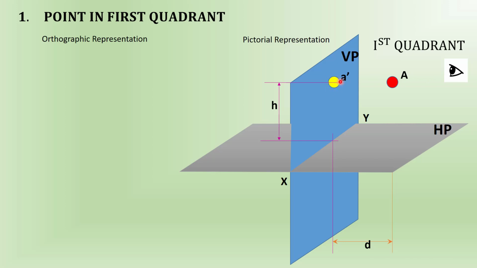Now this is known as the elevation of this point, the front view or the elevation of this point capital A. The elevation is usually denoted by small letters with a dash. So A dash denotes the elevation of the original point capital A.